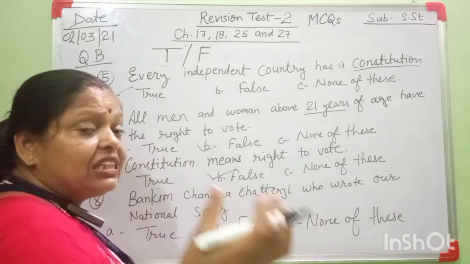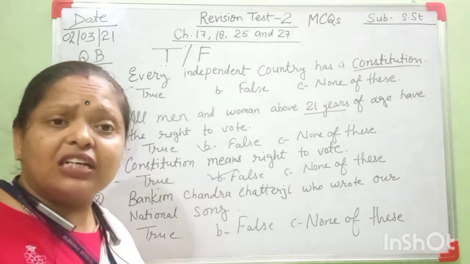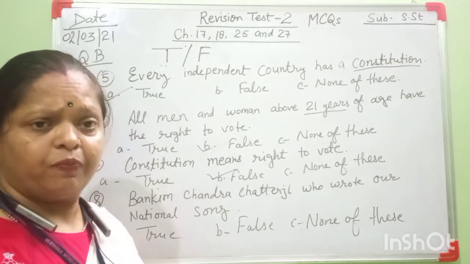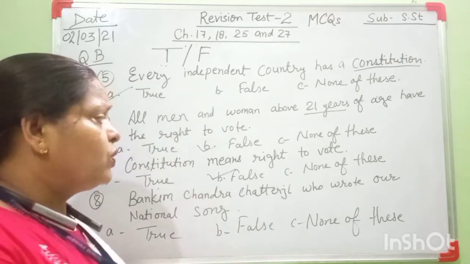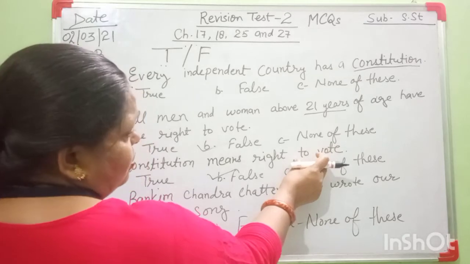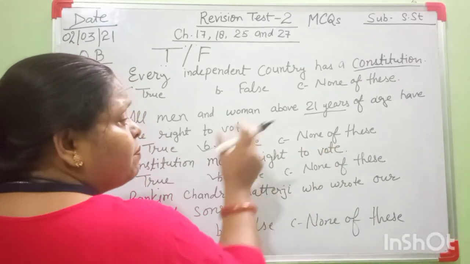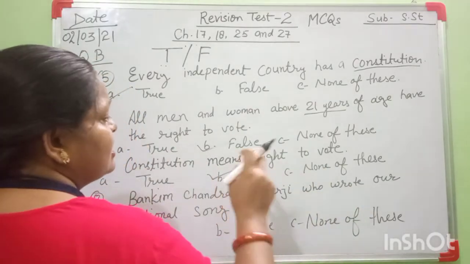It gave us fundamental rights, and there are many rules and regulations which help to govern any country. So the right to vote is only one little part, not the whole. That's why this sentence is false.